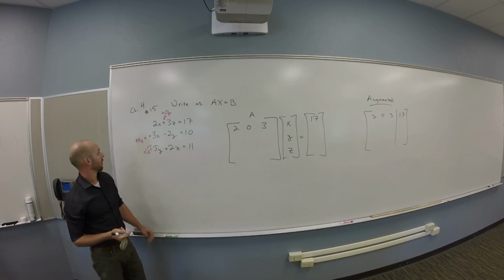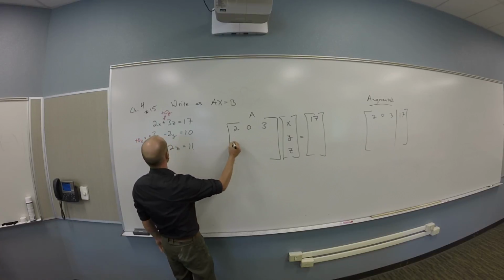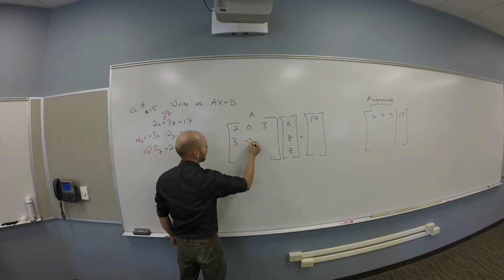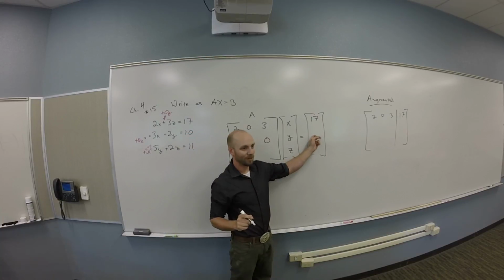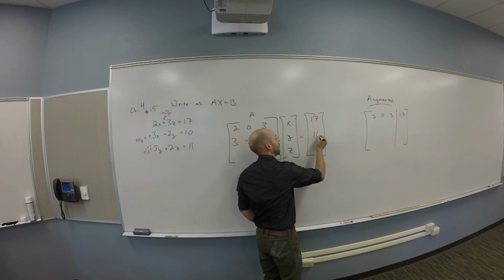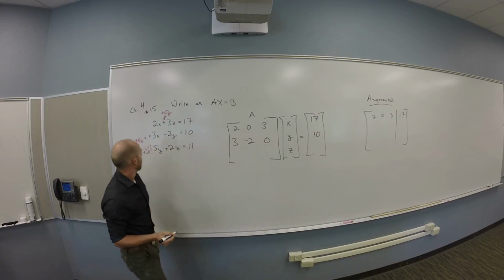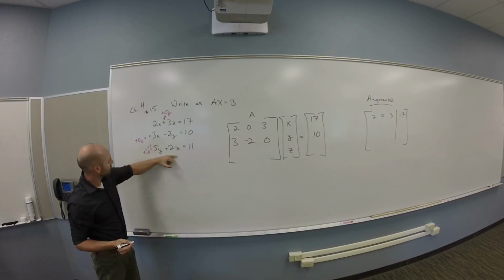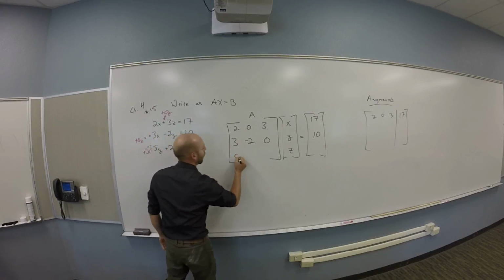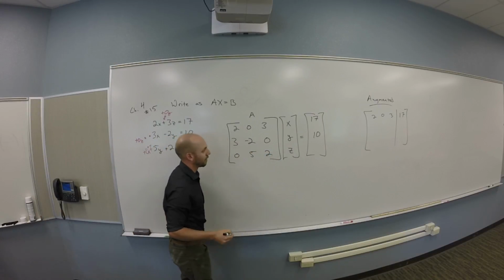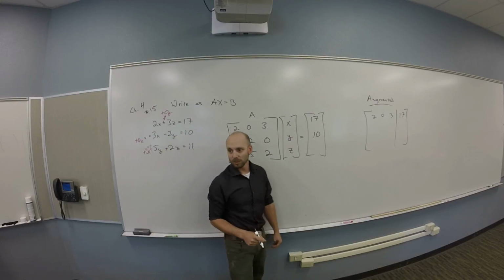Negative 2, 0, 3, yeah. Good. And then your middle term on the output should be 10. And then this bottom guy reads as what in the A matrix? 0, 5, 2. Perfect. And your output from that equation is 11.